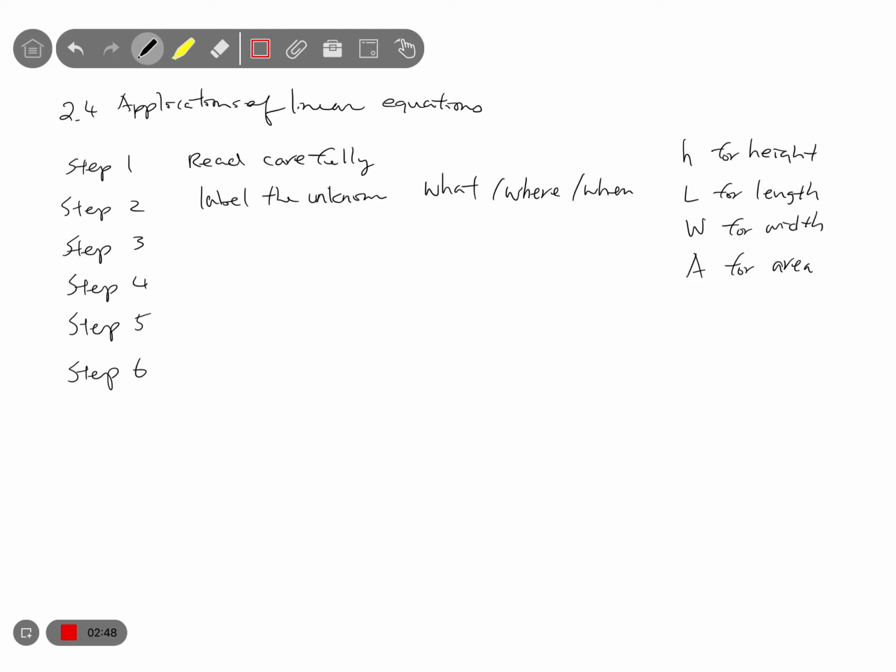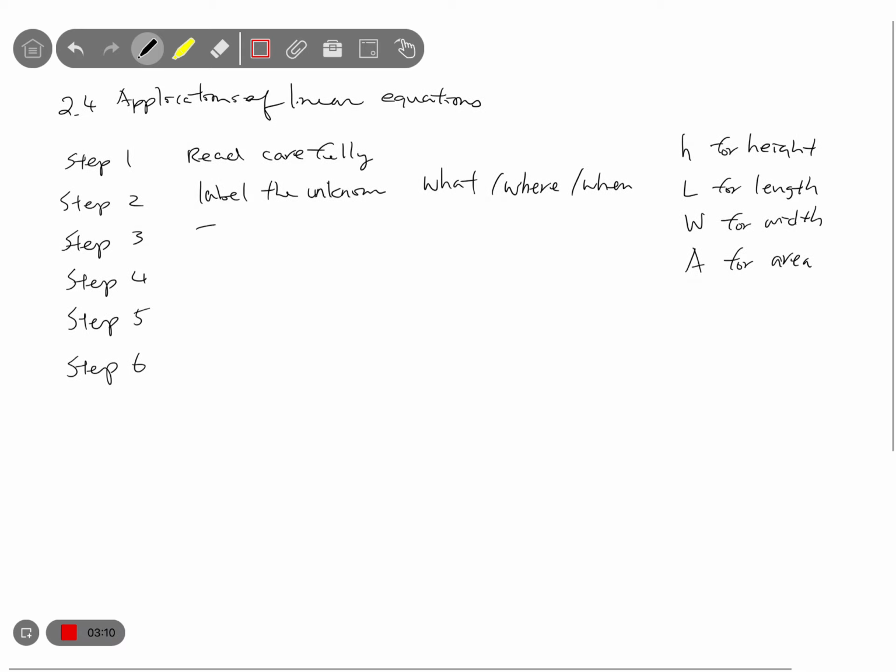Okay, all right, step 3, a verbal model. That's basically you're looking at the problem, and you are trying to figure out the information, and that's typically the verbal model. And step 4 is turning the English into math, that's the verbal model to the math equation.